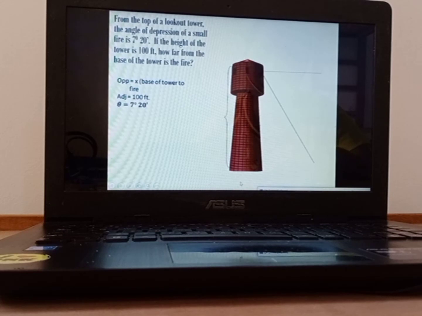This is our lookout tower, and the angle of depression is 7 degrees and 20 minutes. We have here the fire, and the height of the tower is 100 feet. From the fire, our angle is 7 degrees and 20 minutes.